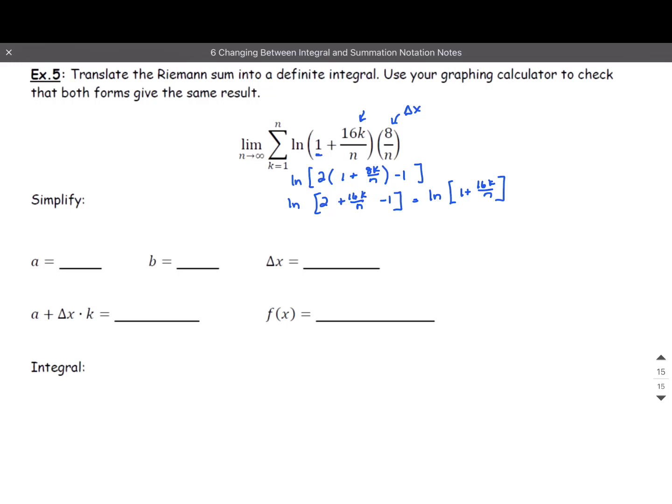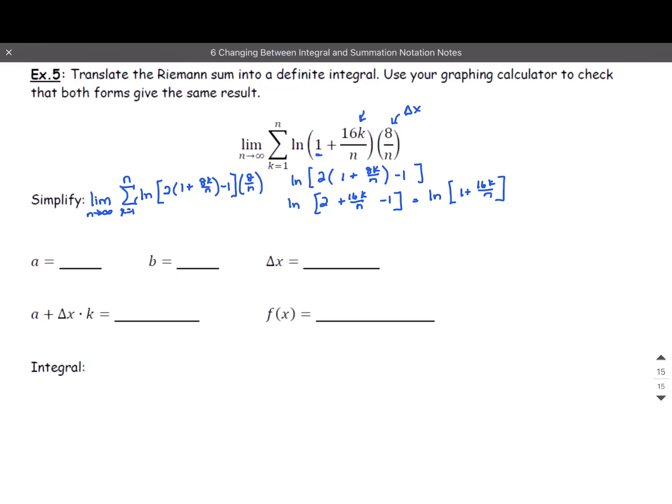So we're going to look at this as the limit as n approaches infinity of the summation as k goes from 1 to n of the natural log of 2 times 1 plus 8k over n minus 1 times our delta x is 8 over n.